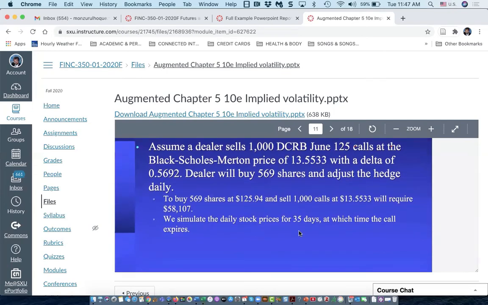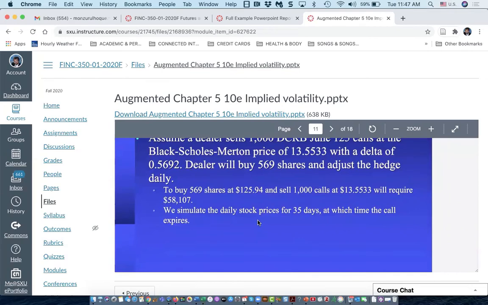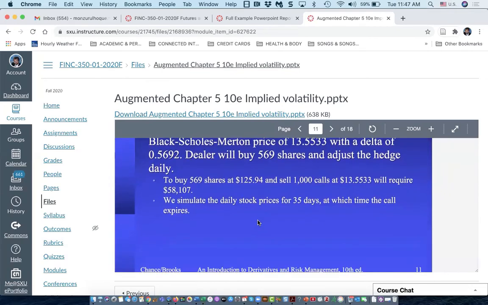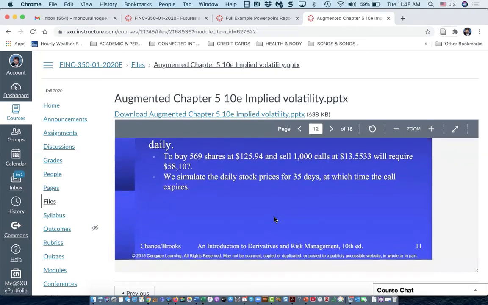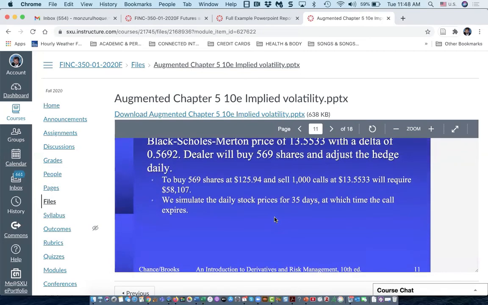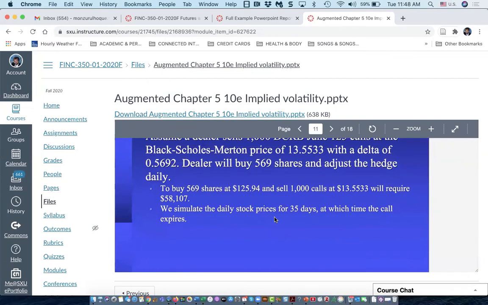So you say you are going to sell a call option that covers these 569 shares. So that way, what will happen is when the stock price goes down, the call option price will go down. And since you sold a call, is it good for you or bad for you?